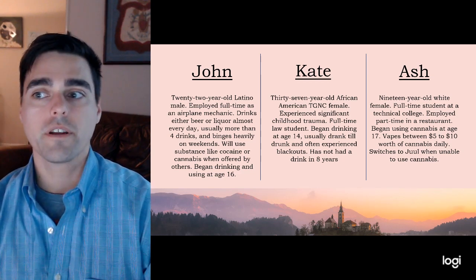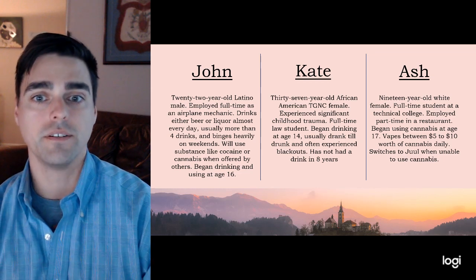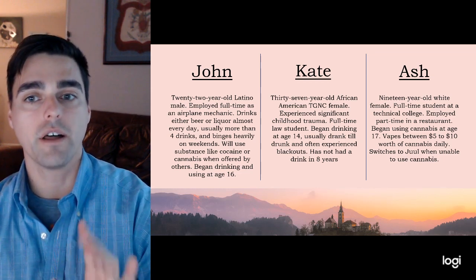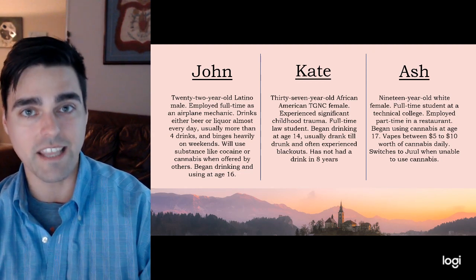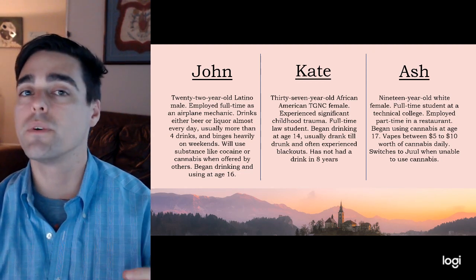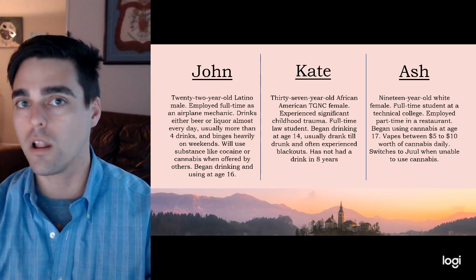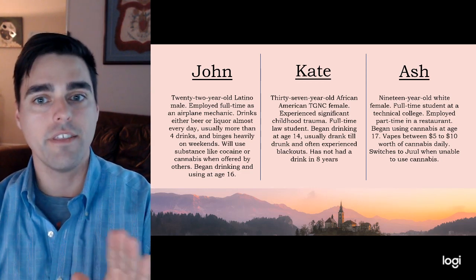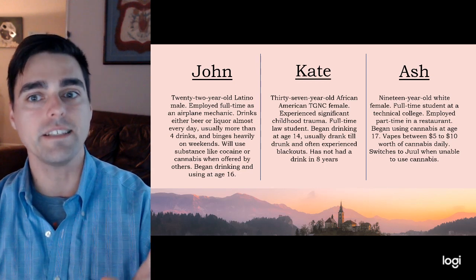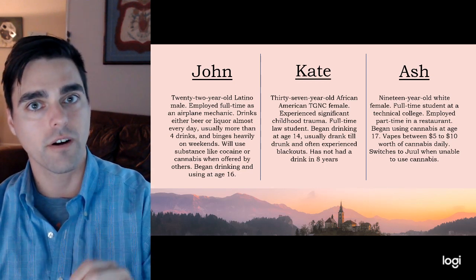So what you're going to come to find out is, first off, both John and Ash do end up qualifying for substance use disorder. Kate probably does not, unless you want to give Kate the in remission qualifier, right? Interestingly, though, in this group, only Kate and Ash are addicts.